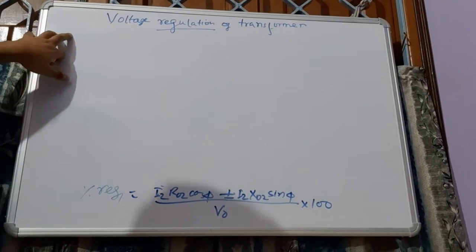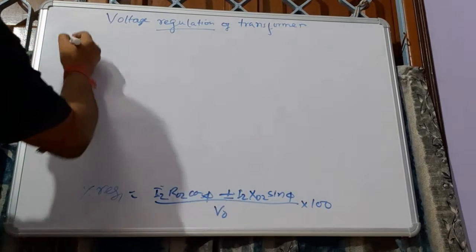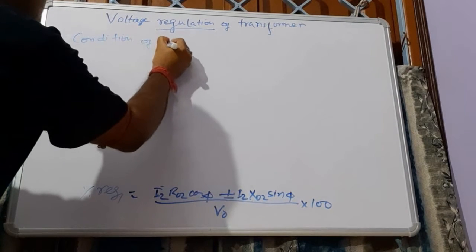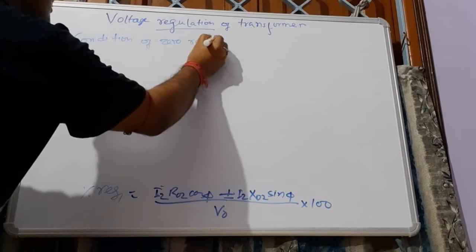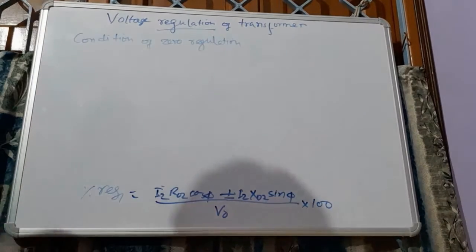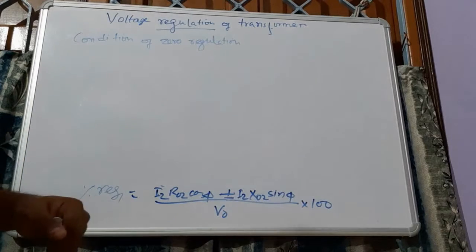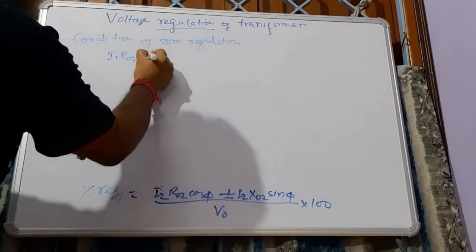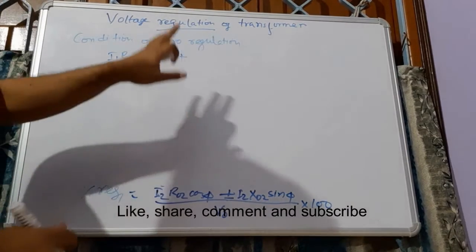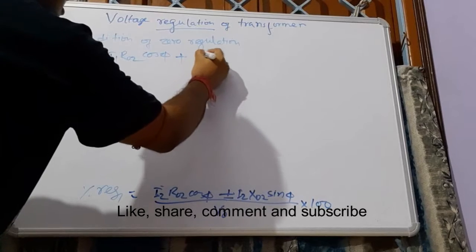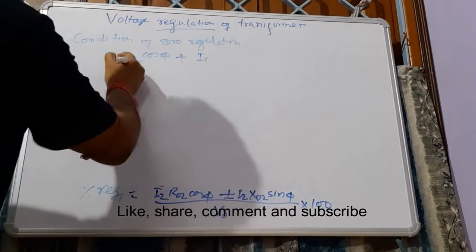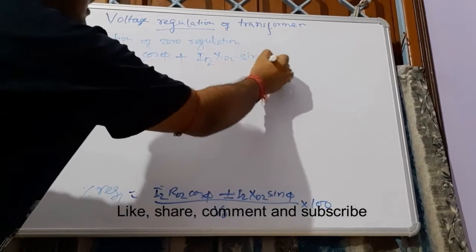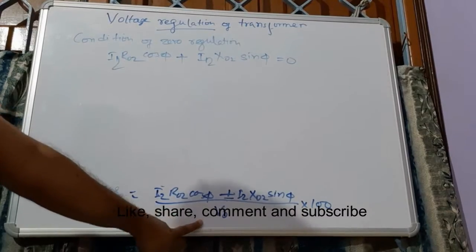Now the condition of zero regulation. Condition of zero regulation means the regulation equals 0. So I2 R02 cos phi plus I2 X02 sin phi equals to 0. No need to write the denominator part.